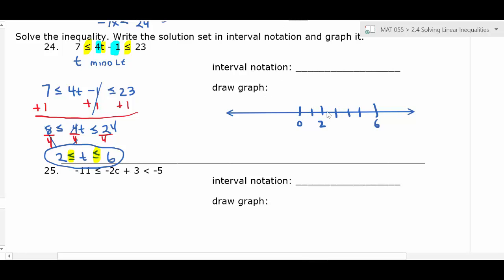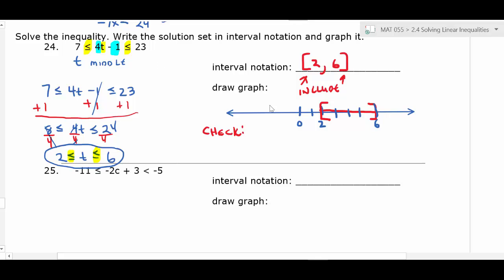So you want to put a bracket on 2, bracket right on 6, and then shade in the middle, like that. Interval notation, just like the graph, starts at 2, ends at 6, and again, you are including those 2 endpoints like that, okay?